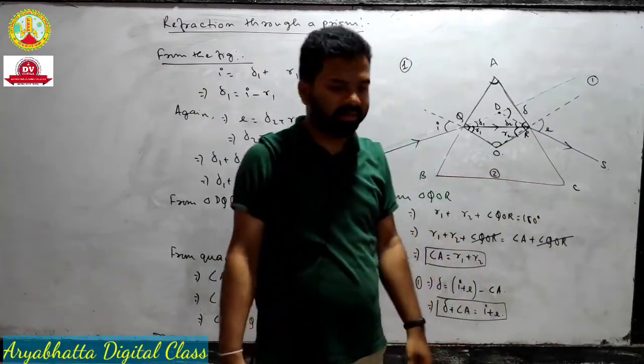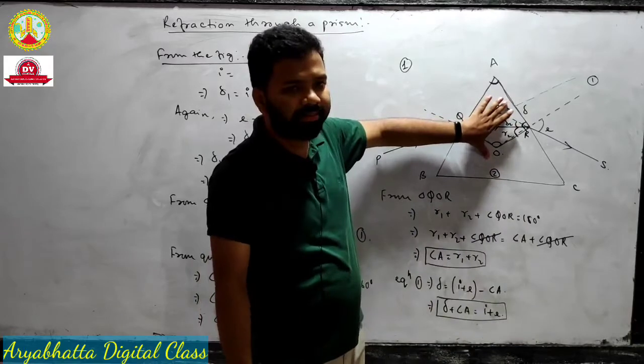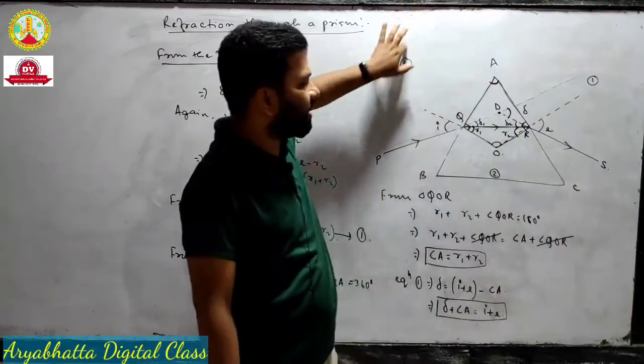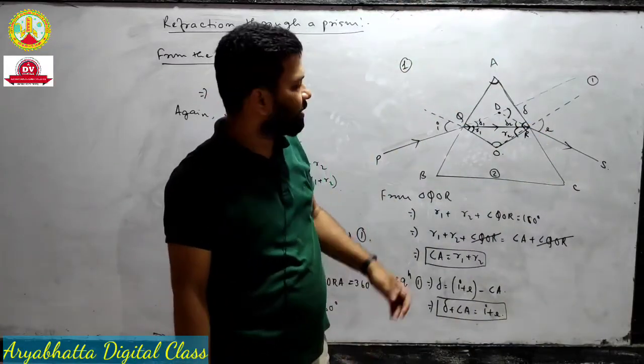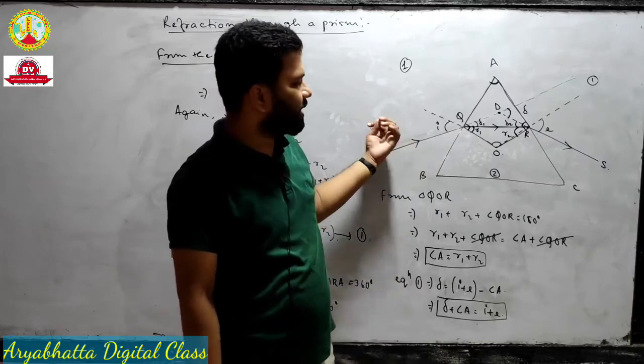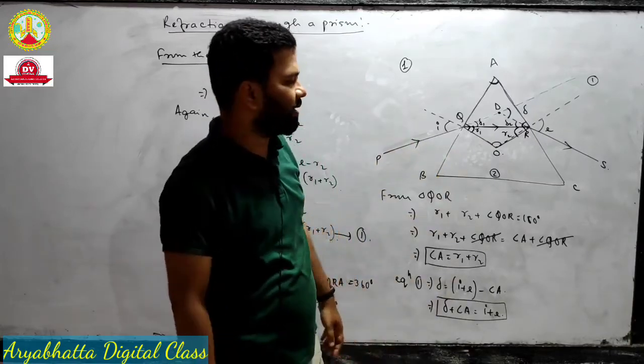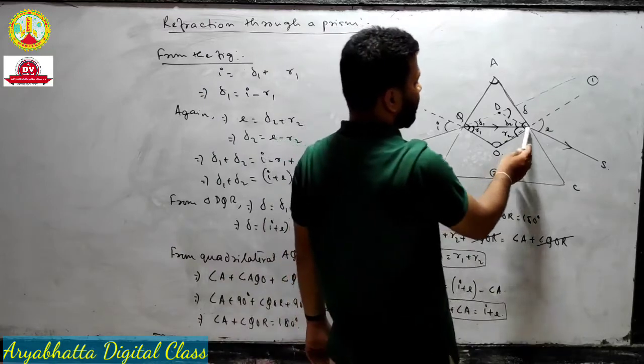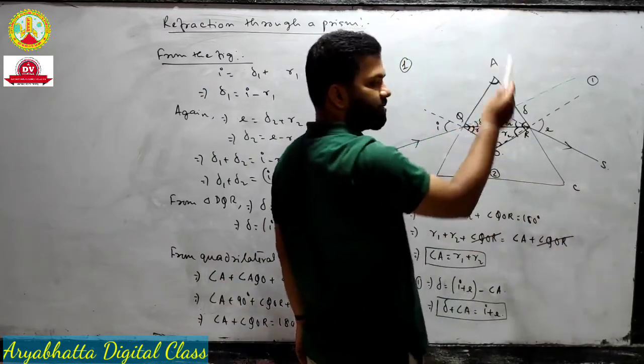of the prism. But if this prism is surrounded by a medium which is denser, then the light ray will travel from denser to rarer medium. Then what will happen? Then this emergent ray will move away from the base.